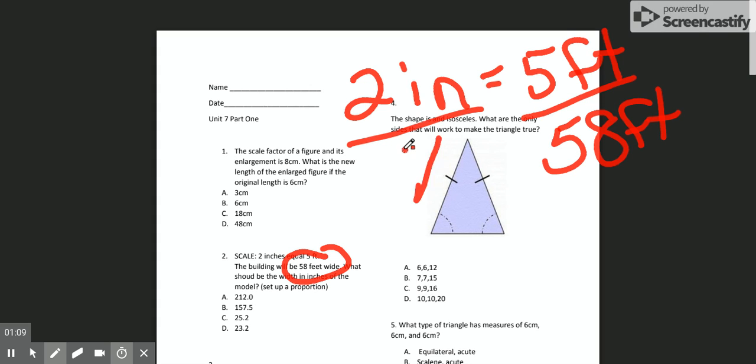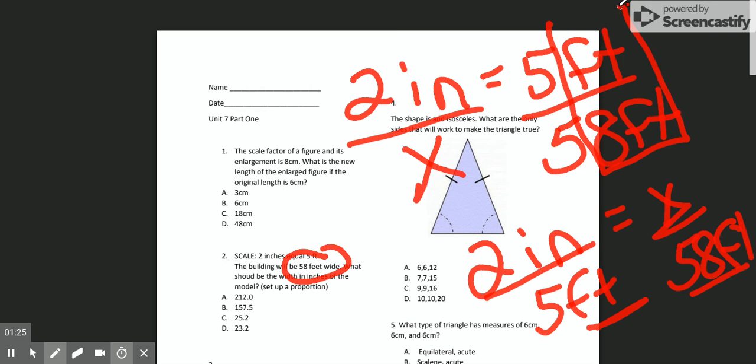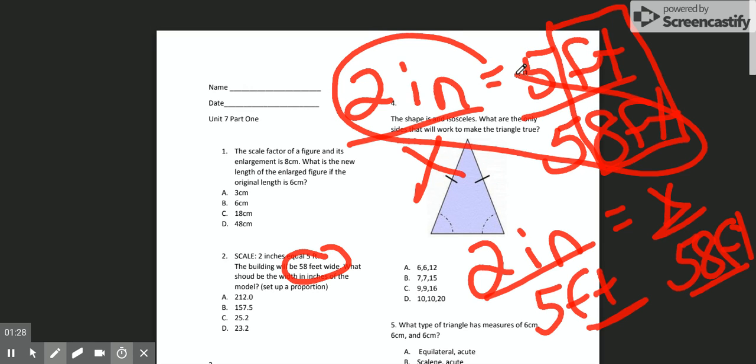I don't want to know how many inches, so that's going to be x. You could have set up your proportion 2 inches over 5 feet, and then put the 58 on the bottom so that your things are still proportional. So feet's on the bottom, inches on the top. I did this kind so that feet's on the side. Then you just cross multiply, and then you divide it by 5. So you should get 23.2 as an answer. So it's D.